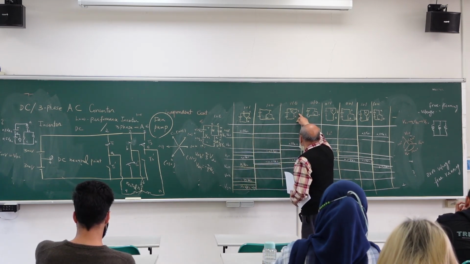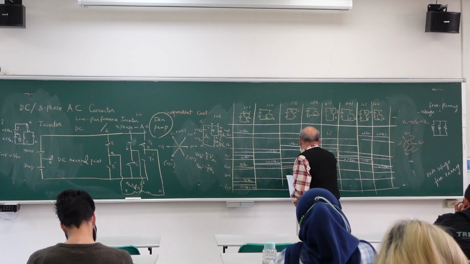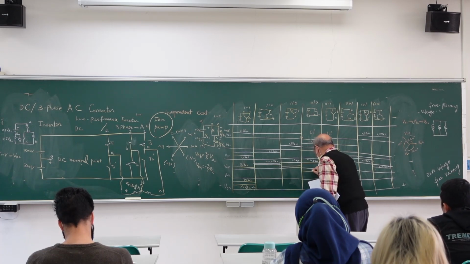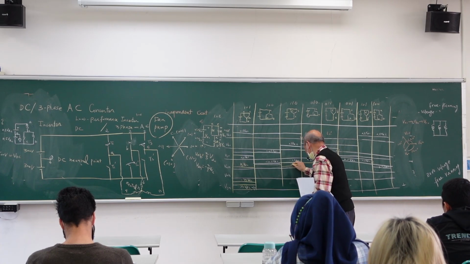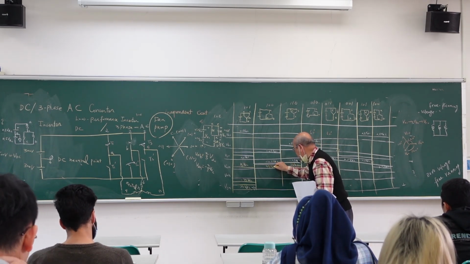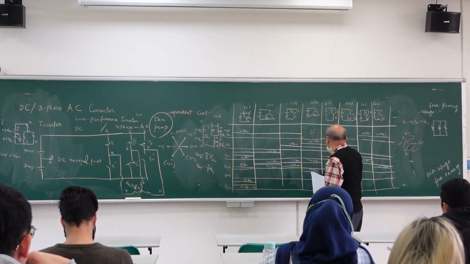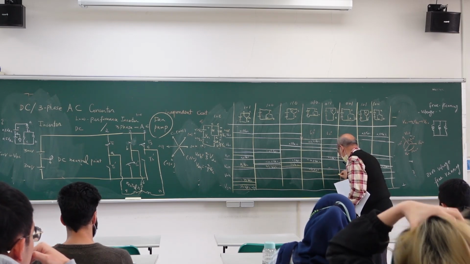Okay, A is here, so 1/3. Here A is negative, minus 1/3. This is plus 1/3, plus 2/3. So you can draw easily. How about this one? A is here, minus 2/3.